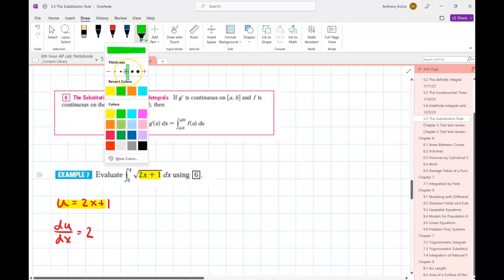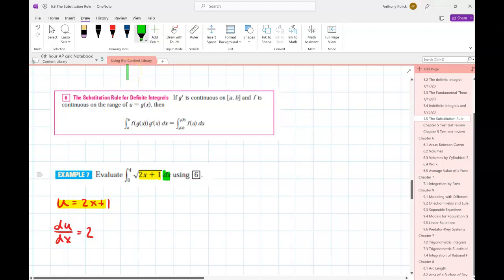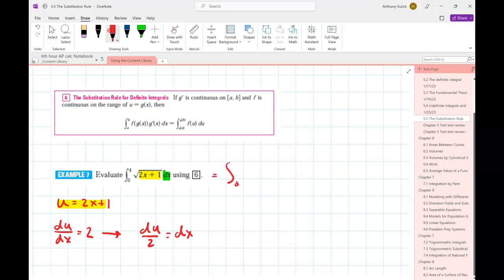My leftover is just dx. So I want to get the dx alone on one side. I'll multiply both sides by dx and then divide by 2. And I'll put the 1/2 out front. I'll leave the du there.